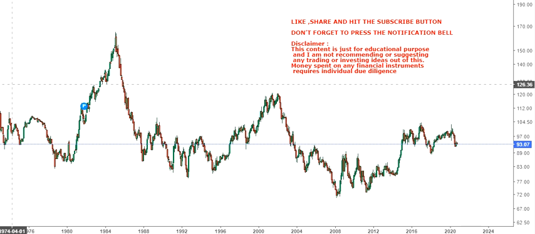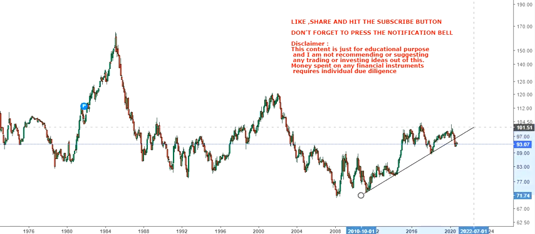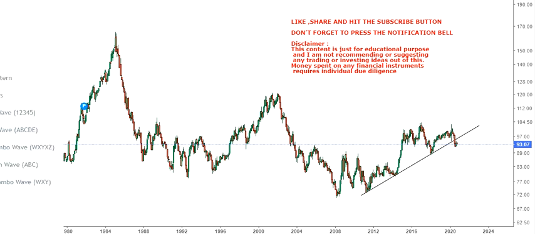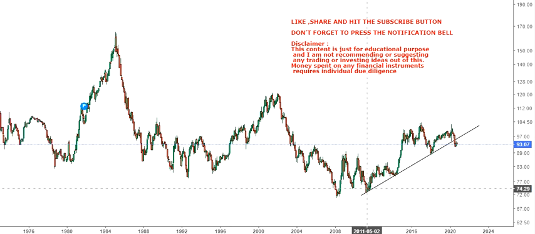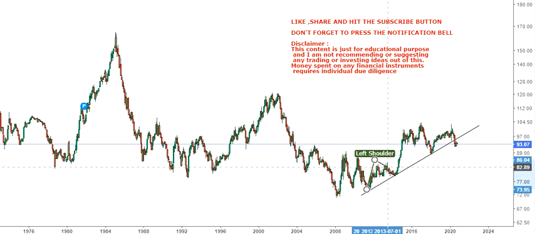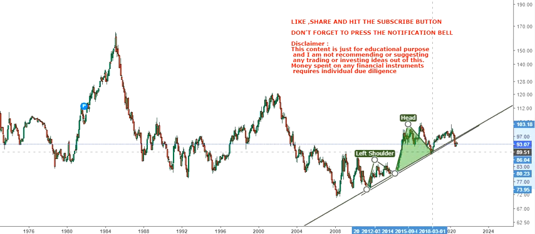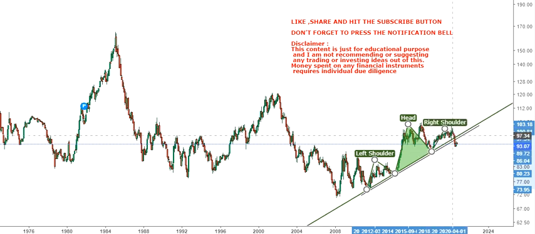But if you are using a line like this, then you will probably see a head and shoulder pattern, which is indeed a bearish pattern. As you can see, this is your left shoulder, this is your head, and here you can find your right shoulder, and there is a breakdown.